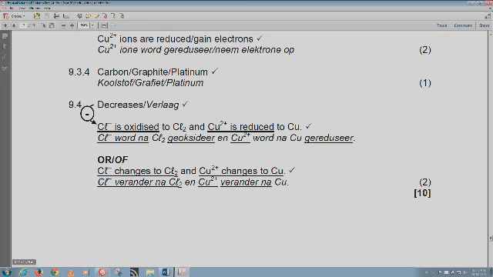But if the learner writes this without saying oxidized or reduced, but using the words changes, then the learner must mention chlorides change to Cl2 and copper ions change to copper. But if the learner uses oxidized, then to chlorine and to copper need not be mentioned. Now that is the last part of question 9.